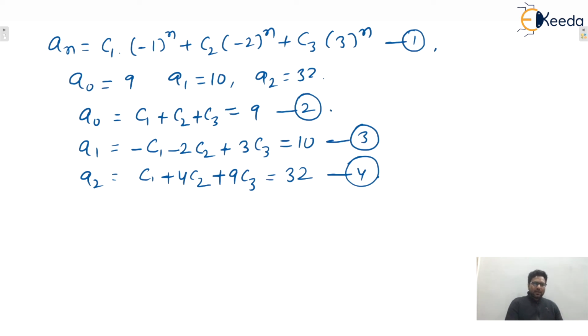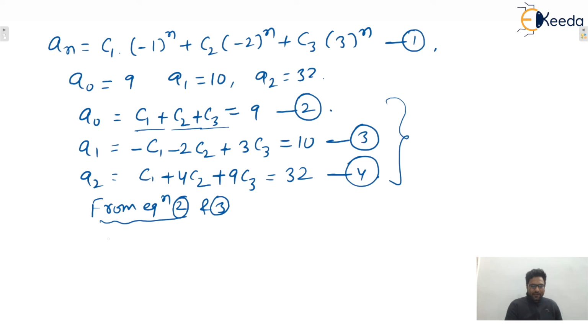So you can see that there are three equations, 2, 3 and 4, and three unknowns C1, C2, C3. So easily you can find the values of C1 and C2. How to find? From equations 2 and 3, we can eliminate one variable, that is C1, by adding both of them, isn't it?